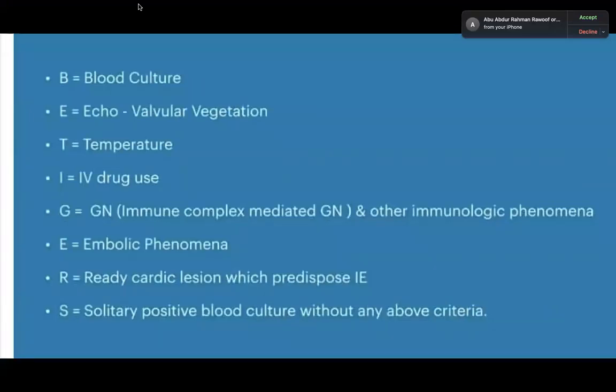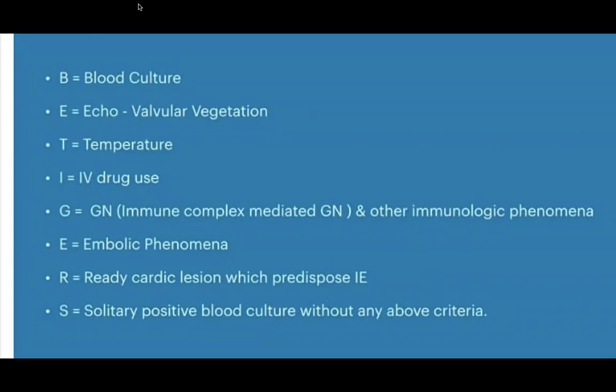So for the major criteria, the positive blood culture, as mentioned, three blood cultures from three different sites, 6 hours apart. Echo, which indicates valvular vegetation. Minor criteria, remember the tigers. T for increasing temperature.